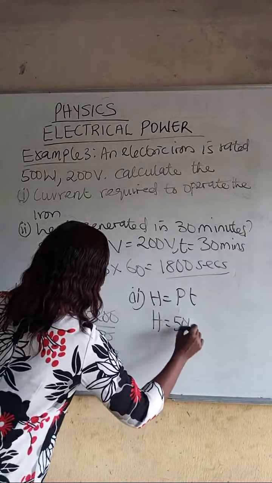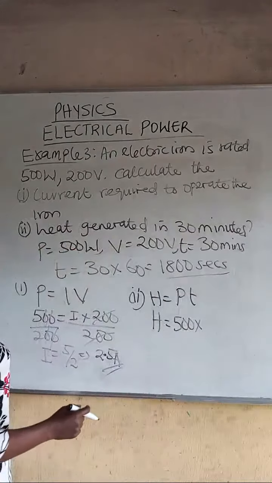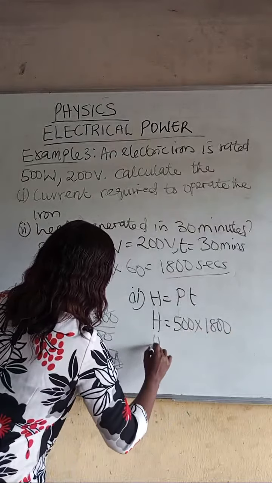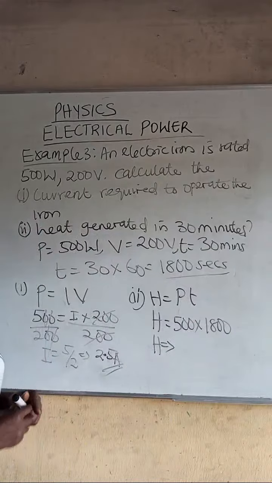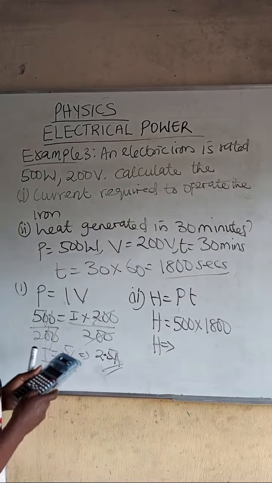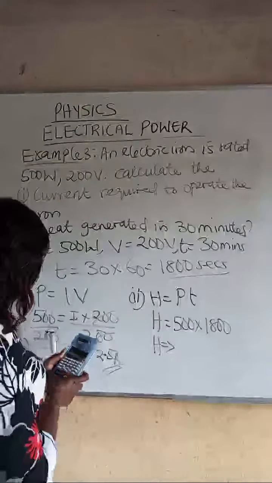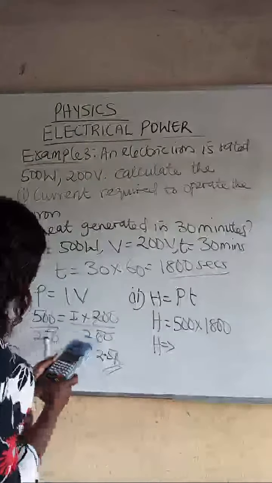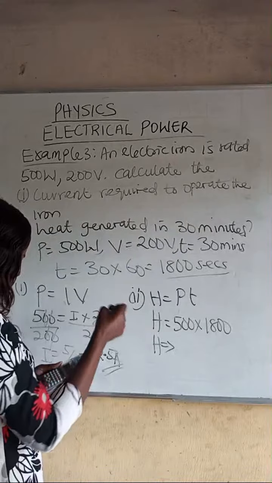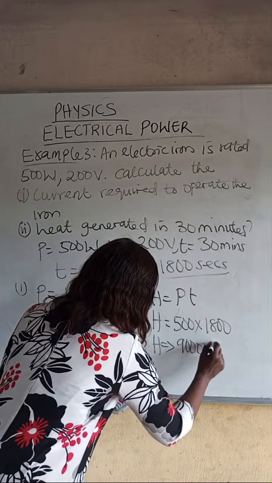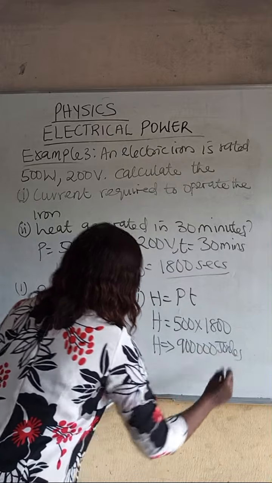So I'll say 500 times the time, which is given as 1,800. So we're going to multiply 500 times 1,800, and I'm going to have 900,000 joules, right?